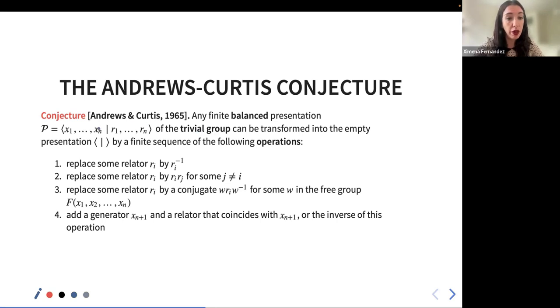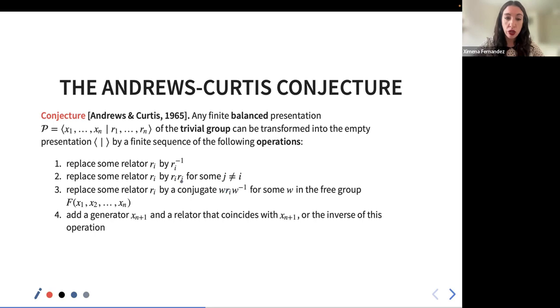That is, you have the same number of generators and relators, and the group associated to P is the trivial group. Then you can always transform this presentation into the empty presentation, the trivial presentation of the trivial group, by a finite sequence of the following operations. These operations act mostly on the set of the relators. You can replace a relator by its inverse, by the multiplication with another one, or by a conjugate.